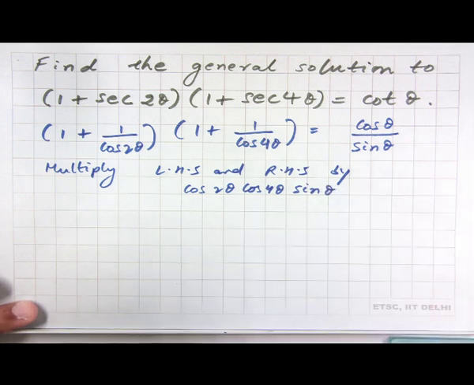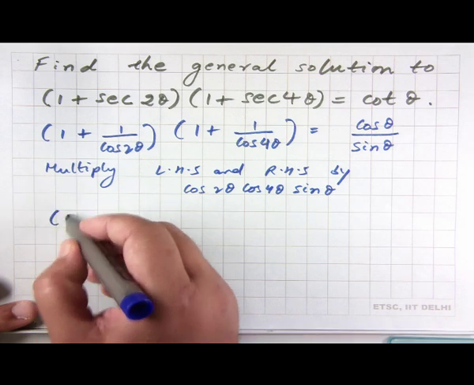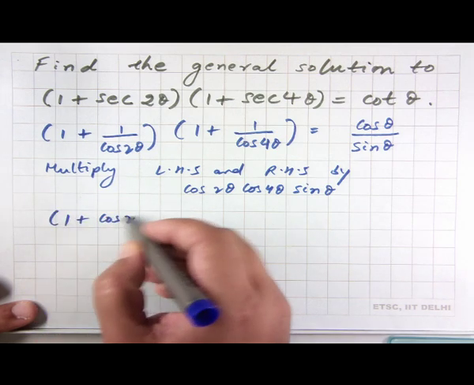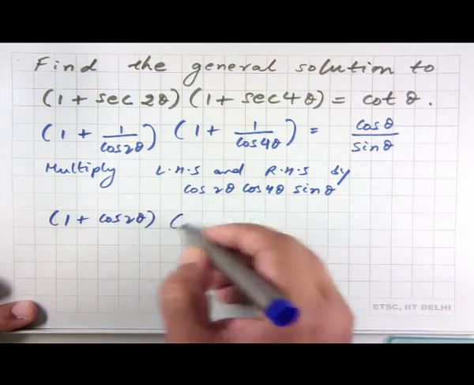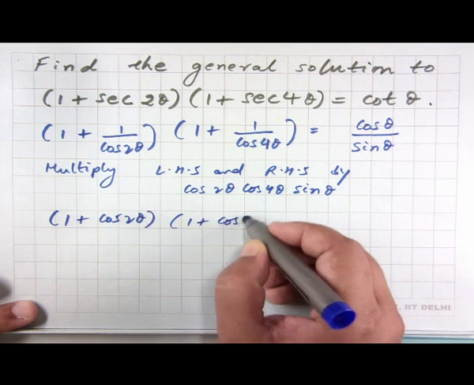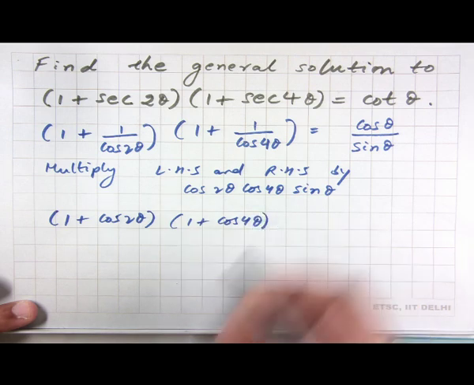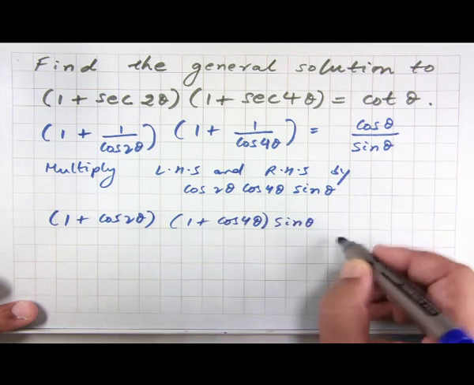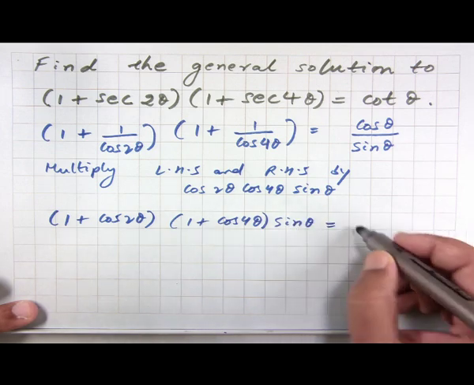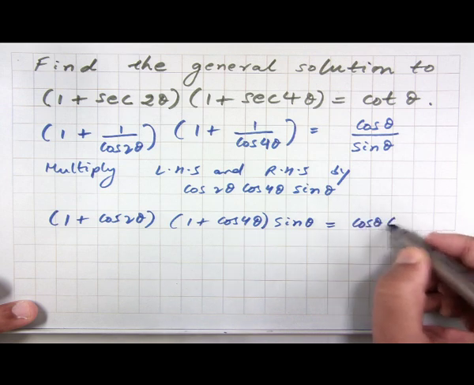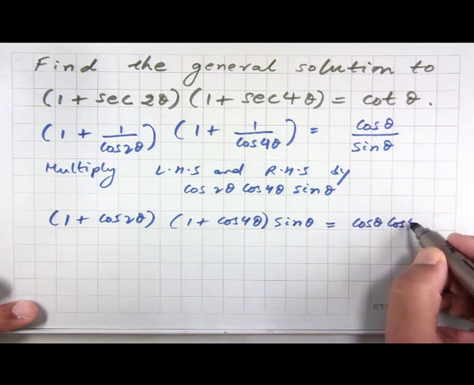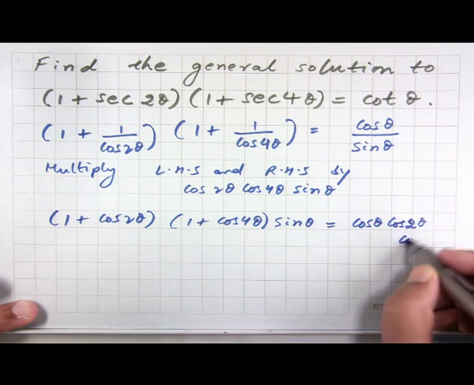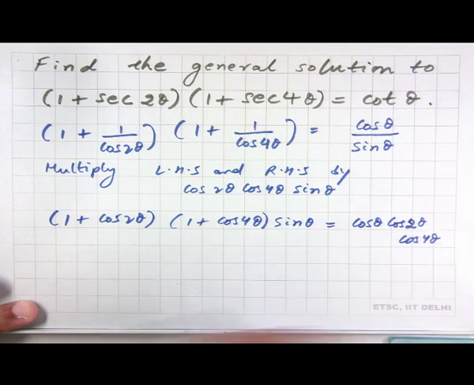So what we end up getting is 1 plus cos 2 theta into 1 plus cos 4 theta times sin theta equals cos theta into cos 2 theta into cos 4 theta.